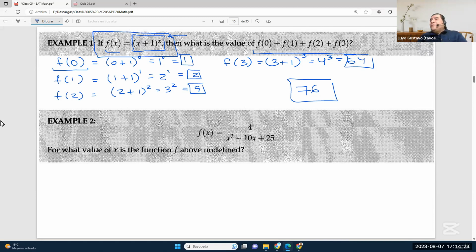But what if you had a function like this, G of X equals 1 over X minus 5? Do you think it's possible to find this output, G of 5? Can we? What is the value of that? Or it doesn't exist, and why?